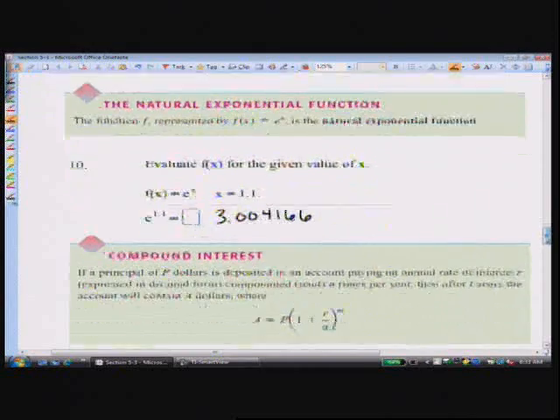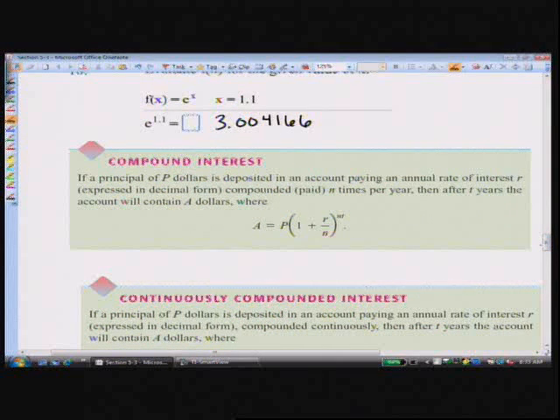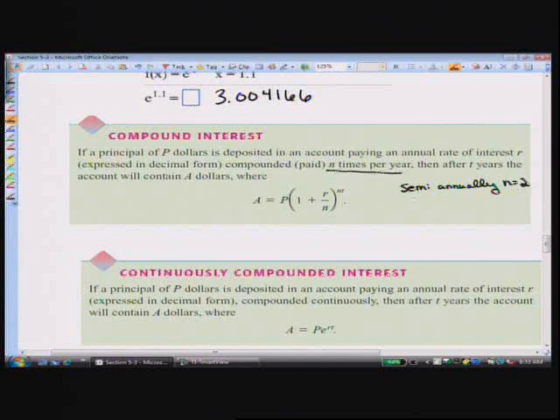Okay. Now, exponential functions are used a lot in the banking industry. So I'm giving you two formulas that are used in the banking industry. There's the compound interest formula where you're compounded a certain number of times per year, like quarterly or monthly or semi-annually. So semi-annually, your n equals 2.